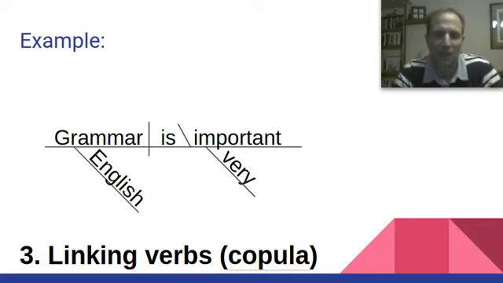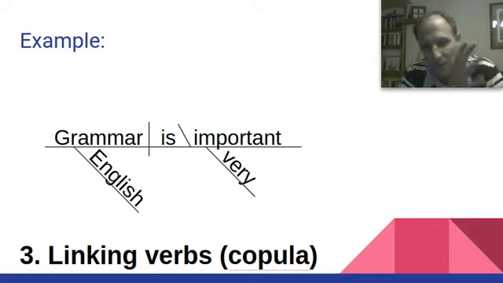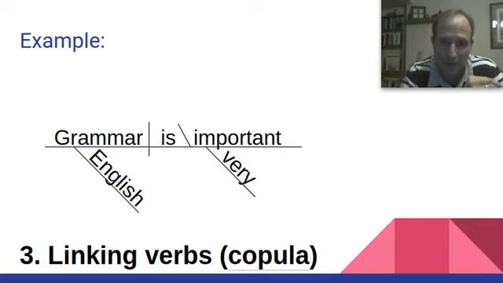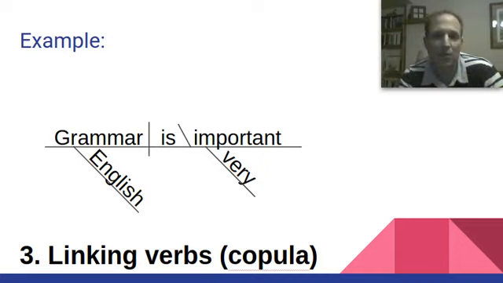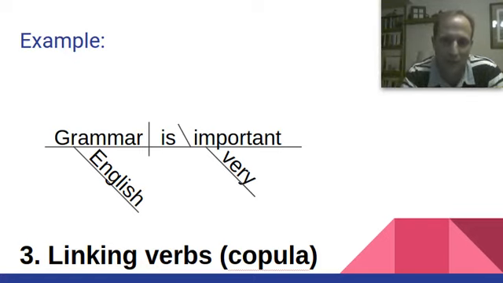So if we look at this example, the adjective important is telling us something about grammar. It's actually describing grammar. This is what we call in grammar the predicate position, because we have an adjective that's outside of the attributive position. The attributive position means it's within the noun phrase. It's directly related to the noun. The predicate position is related to the noun through the verb, across the predicate.